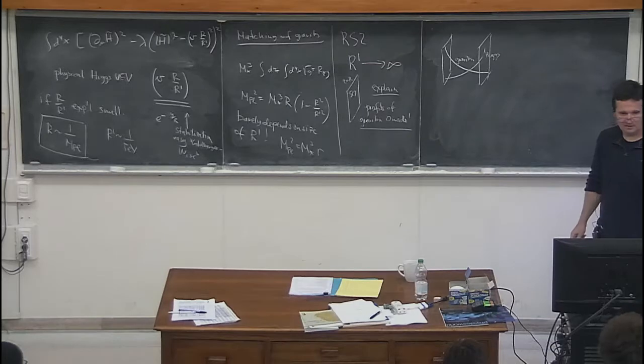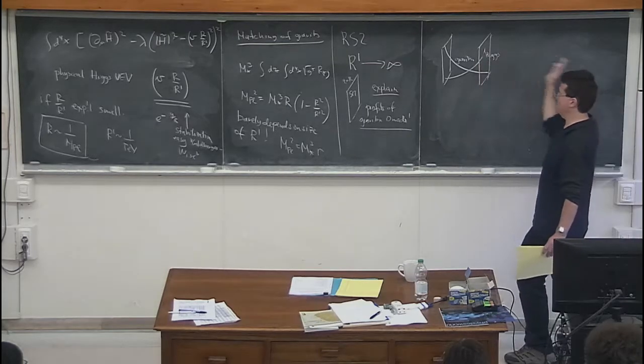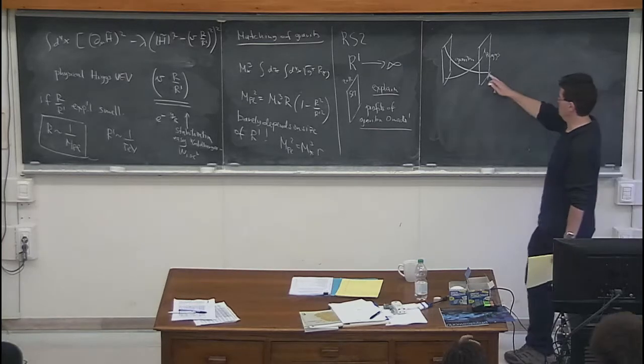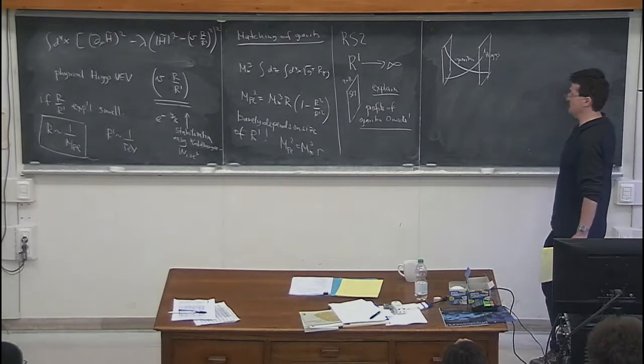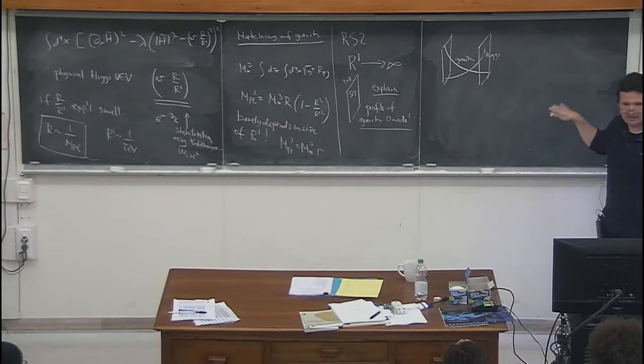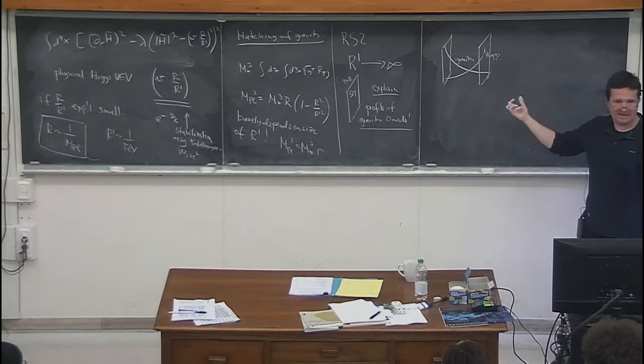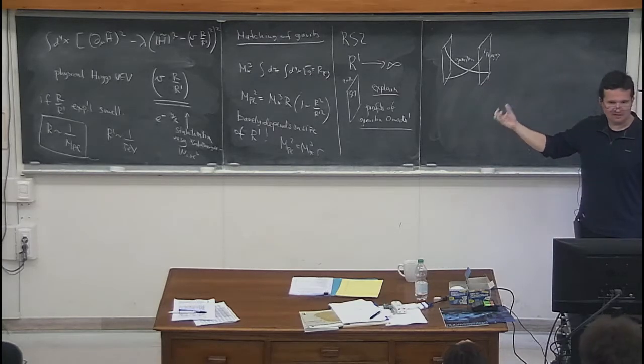Now, it explains why I can remove the IR brane and still get a normal gravitational theory, because the graviton already goes to zero exponentially as you go away from the UV brane. So it doesn't matter whether you add this tiny additional contribution from the tail or not.